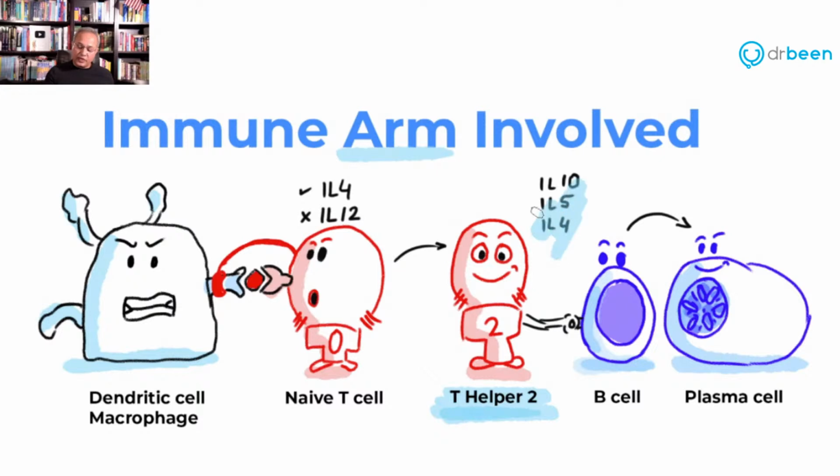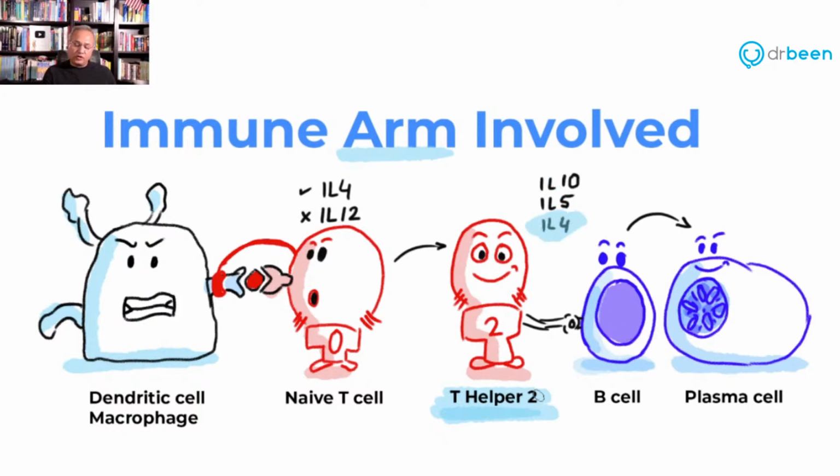T helper 2 in turn releases interleukin 4, interleukin 5, interleukin 10, interleukin 13, and a bunch of other chemical substances. In today's discussion, it is interesting to keep in mind 4, 5, and 13. I didn't write 13 here, but imagine if 13 is written here as well.